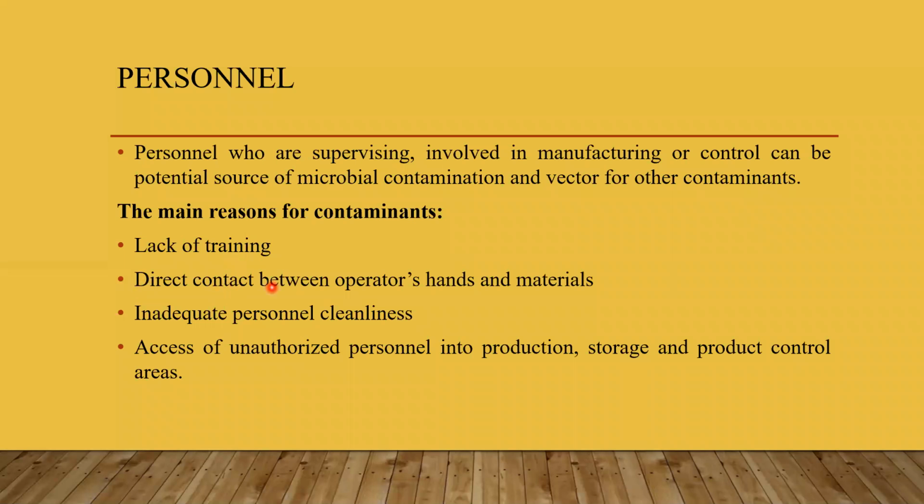Second, direct contact between the operator's hand and materials. If operators don't wear gloves, the operator's hands come in direct contact with the API or the bulk or the other additives which are used for the formulation.